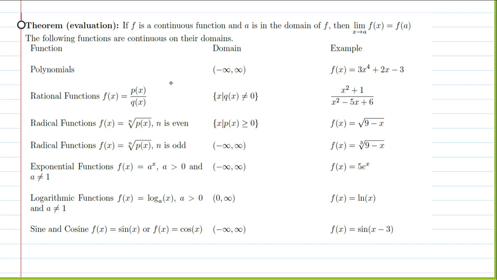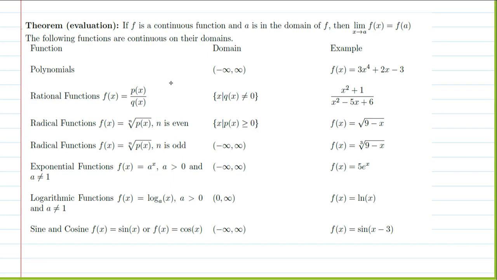So whenever you have a continuous function, you can just put the x value in and get the limit. The limit as x approaches a of f of x is equal to the function evaluated at that point if f is continuous and a is in the domain of f.